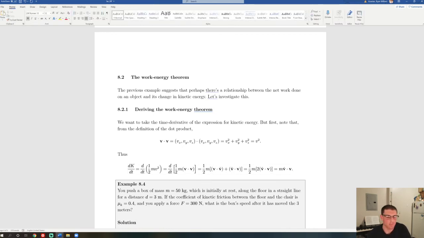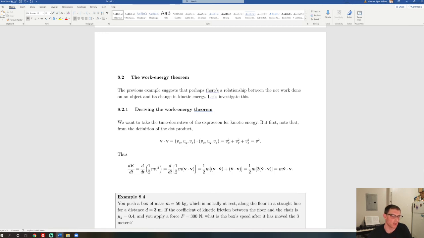And we want to remember that v dot is just r double dot, which is a. So remember we said velocity is the first time derivative of position, and acceleration is the second time derivative of position.